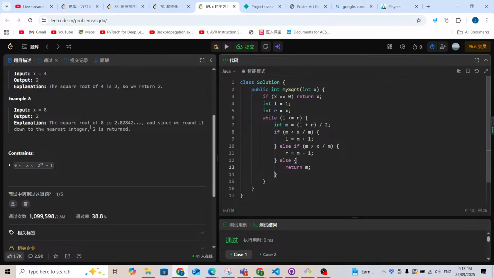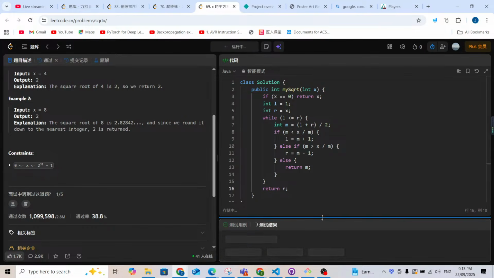For the final result, if the square root of 8 is 2.8, we need to round it down to the nearest integer, which is 2. This is why finally we return r instead of l, because r is going to be m minus 1. When m equals 3, minus 1 is 2, because we're rounding it down. So from here, we return r.